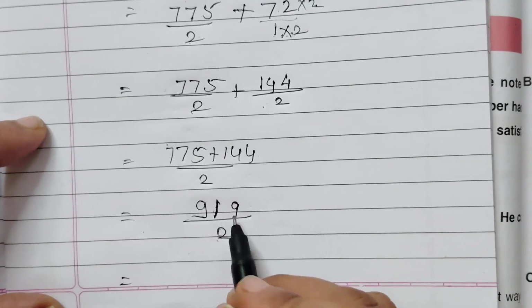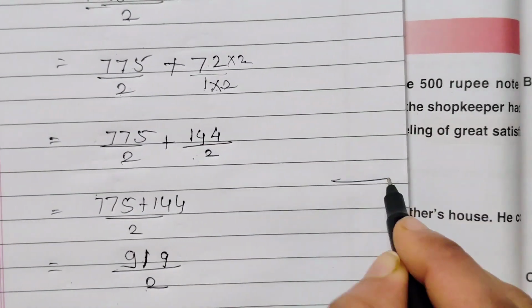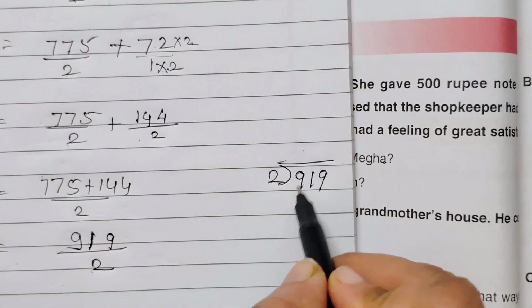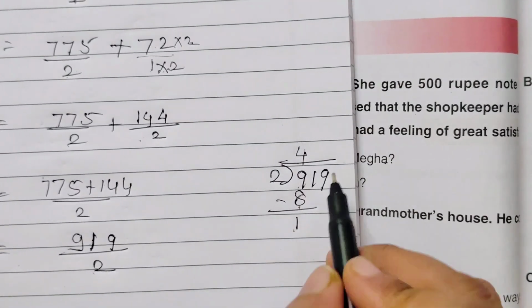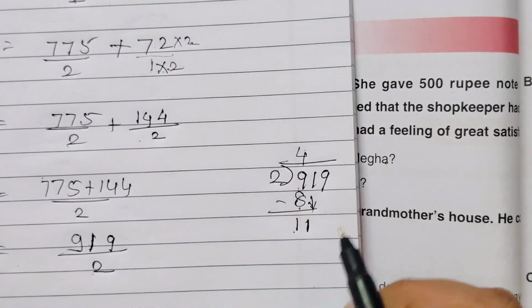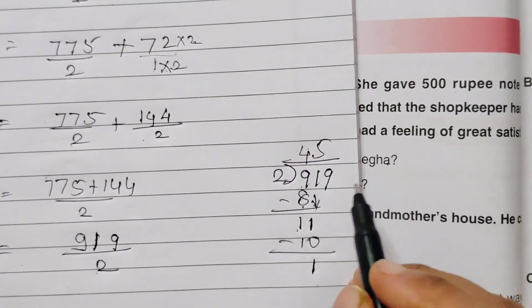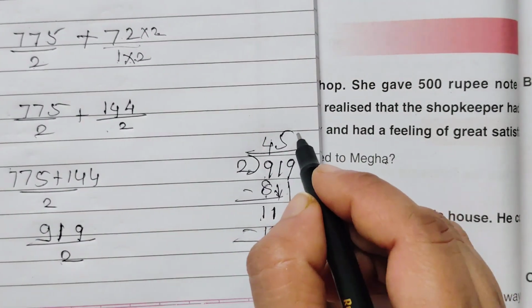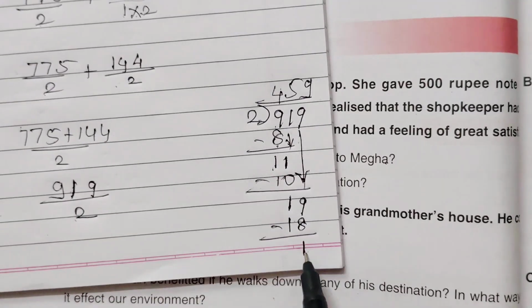Now we will divide this and convert it into a mixed fraction. When we divide 919 by 2, 2 4s are 8. 9 minus 8, 1. This 1 comes down, it becomes 11. 2 5s are 10. 11 minus 10, 1. Now this 9 comes down. 2 9s are 18. So 1 is the remainder, further we cannot divide.